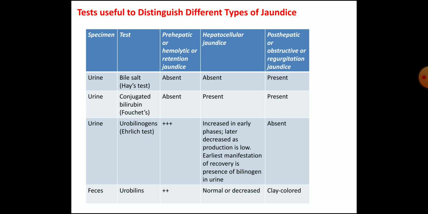Then it may be normal or slightly decreased in hepatocellular jaundice, and the stool is clay colored. Clay colored means it is decreased. The level is almost nil in obstructive jaundice due to the obstruction of the enterohepatic circulation. So there is no stercobilinogen in the feces, which gives a clay colored stool in obstructive jaundice.